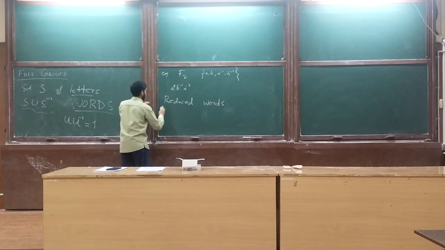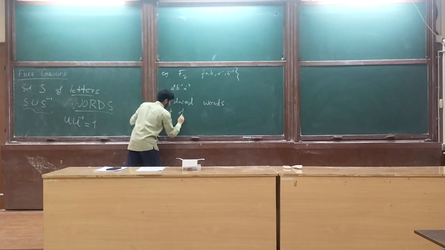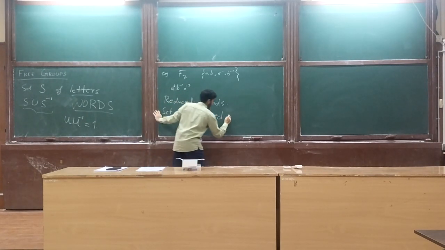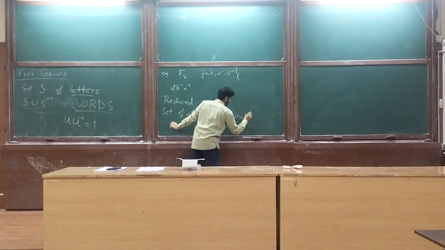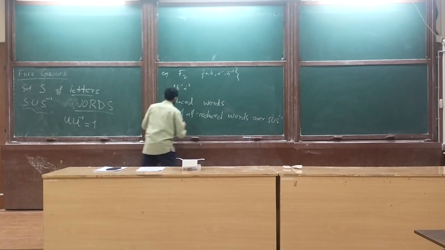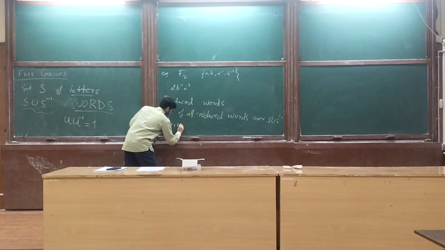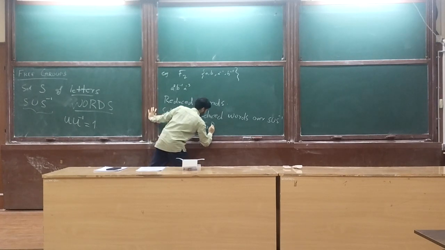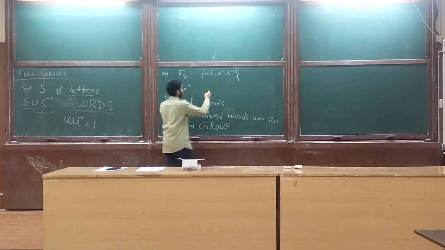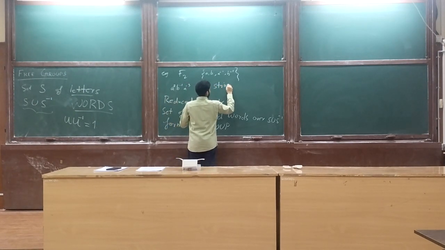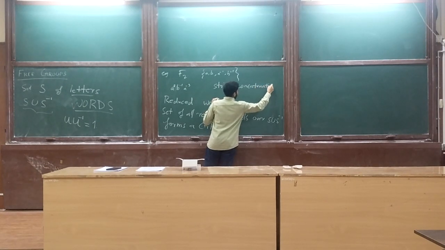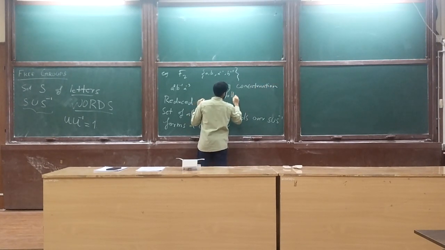And now my claim is that the set of all reduced words over the set S union S inverse forms a group with a particular operation, and the operation is string concatenation followed by reduction.